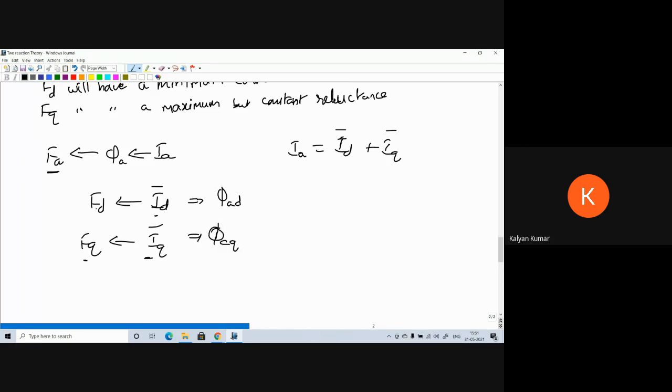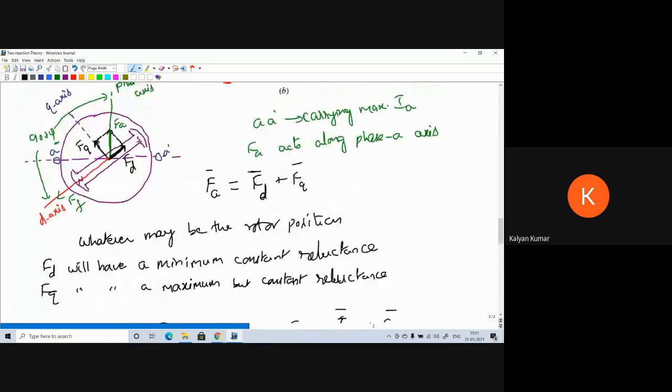Let us take this phi d and phi q as phi ad, phi aq, armature reaction. So phi d is resolved into phi ad, phi aq.